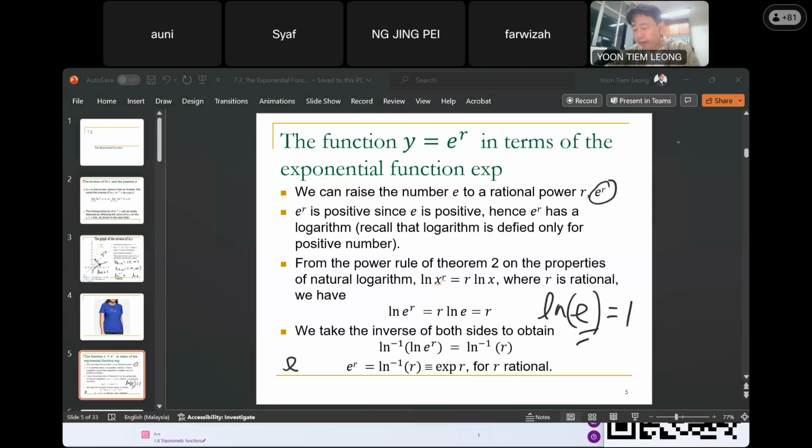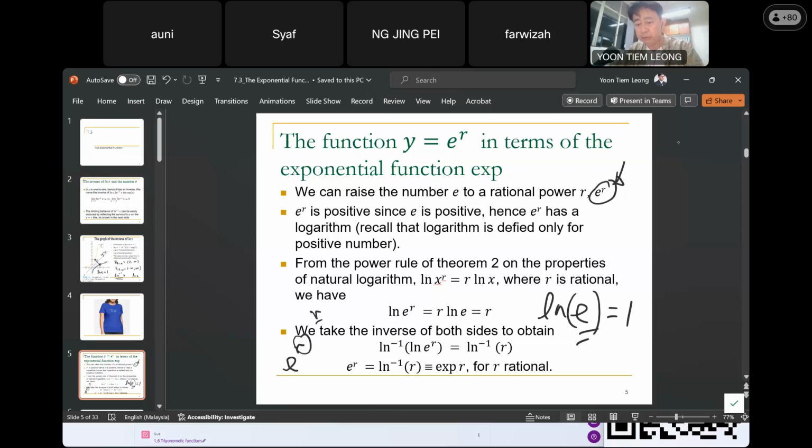So if you raise e to the power of r, where r is a rational number, okay, so it is understood that this r is symbolizing a rational number, how are you going to assign a value to the natural number e raised to the power of r?